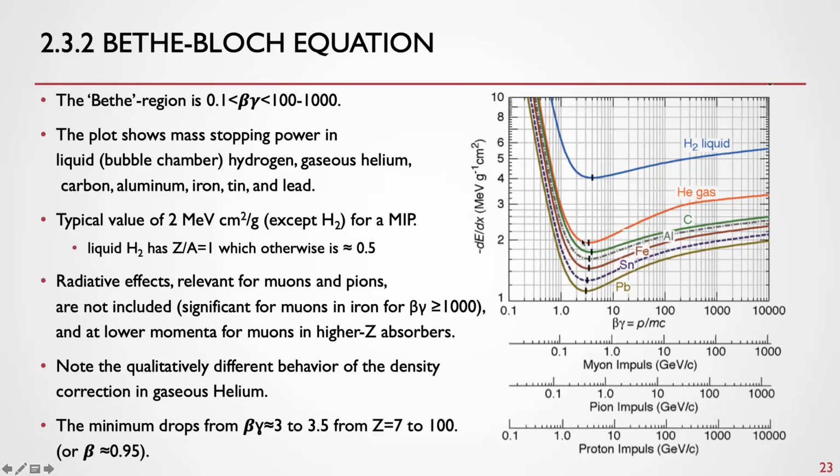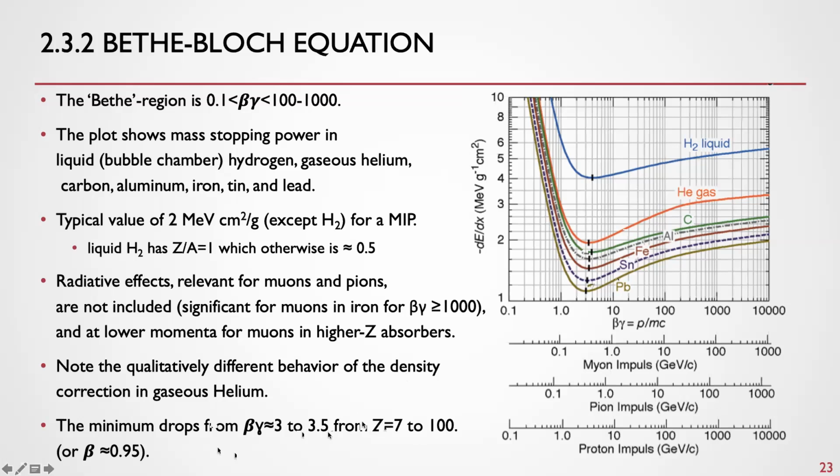Let's look finally at the minima, the minimum ionizing particle minima. All of them are very close for beta gamma values of 3 to 3.5, and that extends for materials that are shown here for atomic numbers of between 7 and roughly 100.